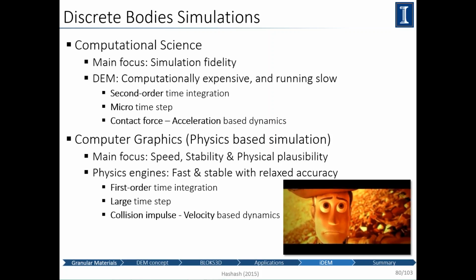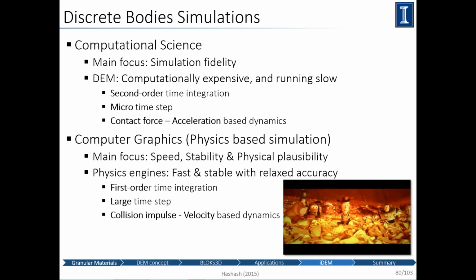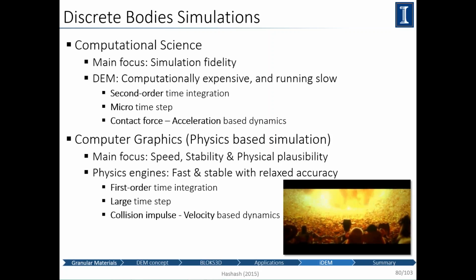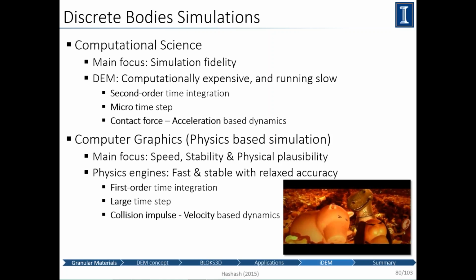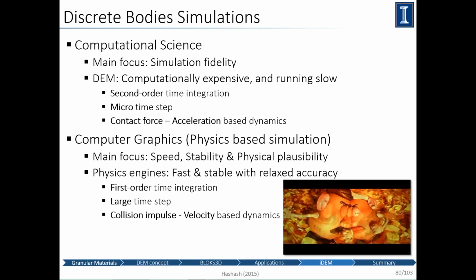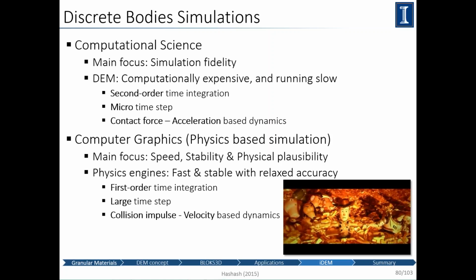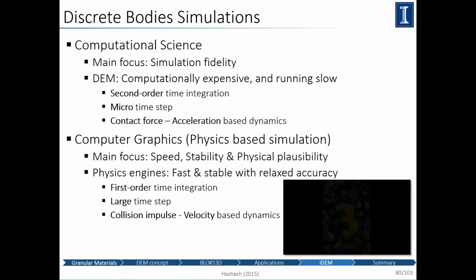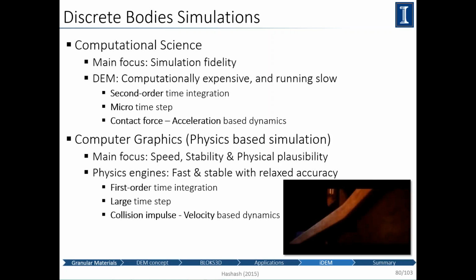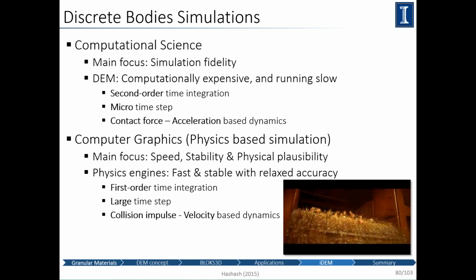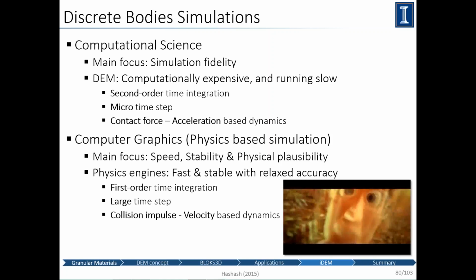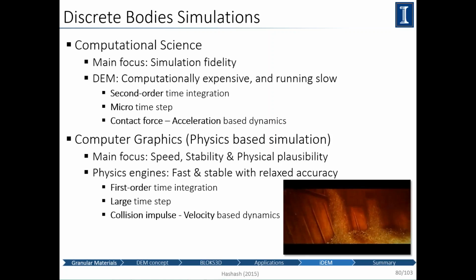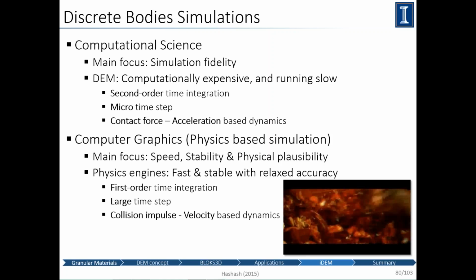Sometimes we're trying to be precise without being accurate, precise for the sake of precision without any real meaning. DEMs are computationally expensive and run slowly. With second order time integration, I have to have a very small time step. Contact forces are acceleration-based dynamics, and I actually need double precision in my calculations. All of that is going to slow you down.